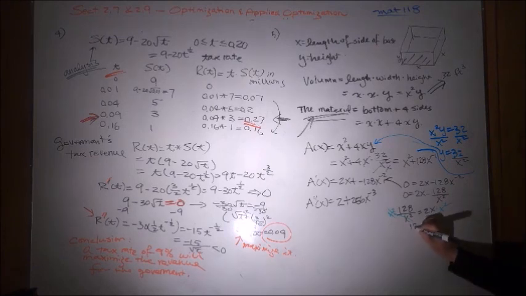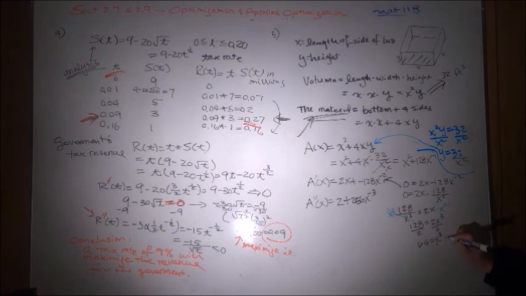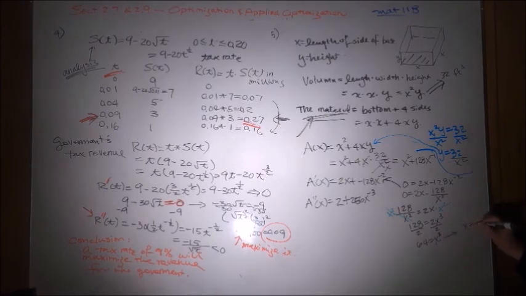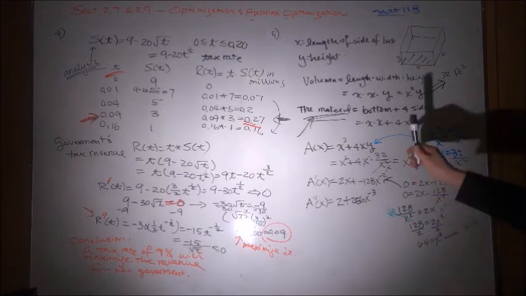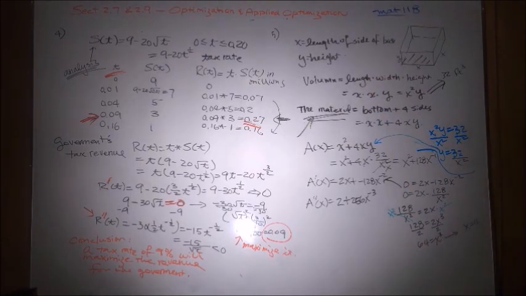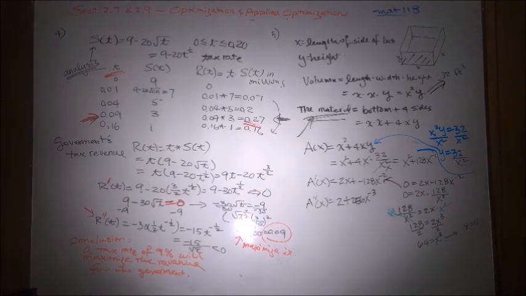And let's see what we have. 128 equals 2x cubed, divided by 2, 64 equals x cubed, right? So x is what? 4. What does 4 mean? Length of the side of base. 4 feet. Okay? But does the 4 feet make it maximum or minimum? So you need to check.